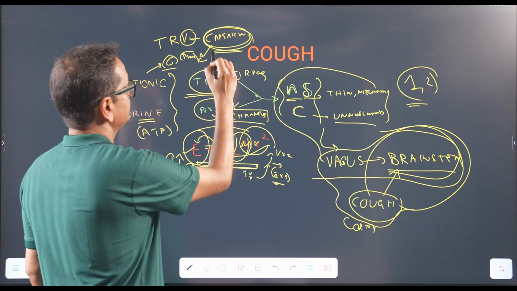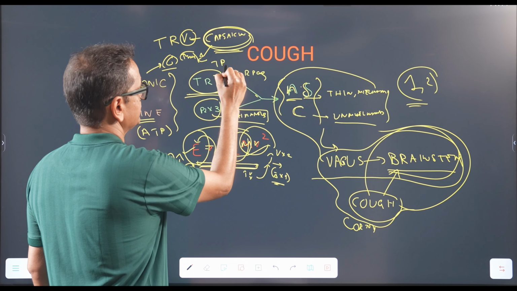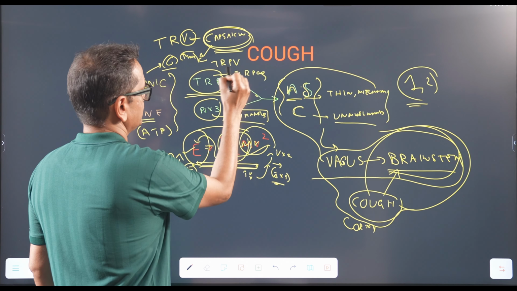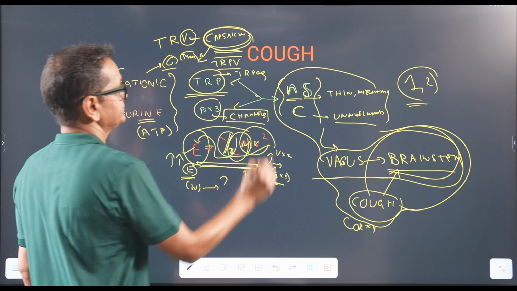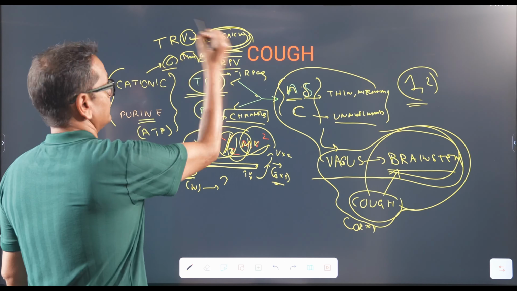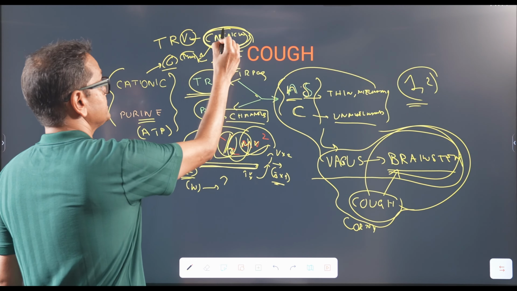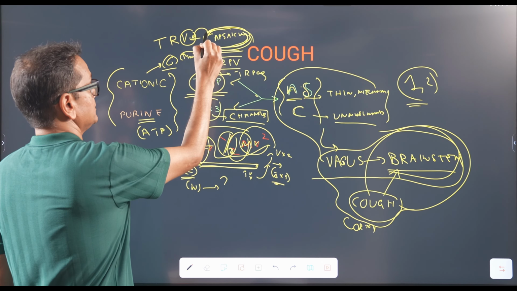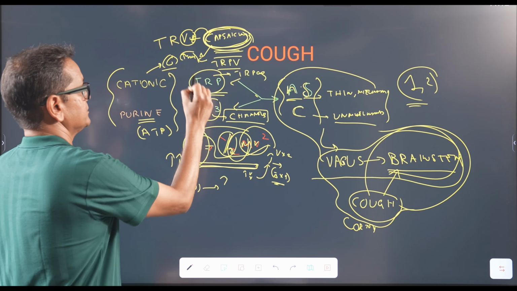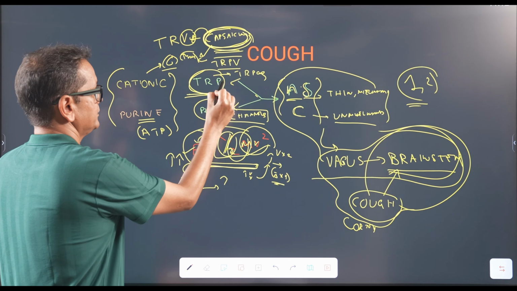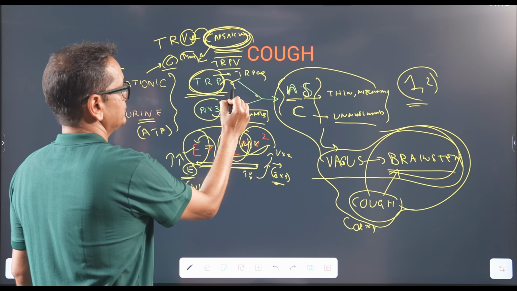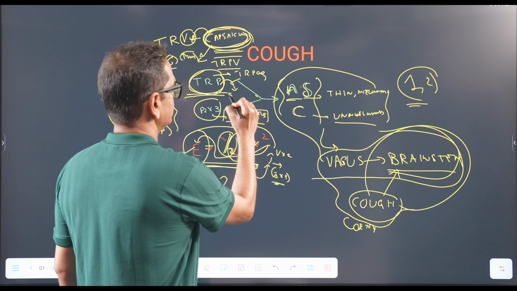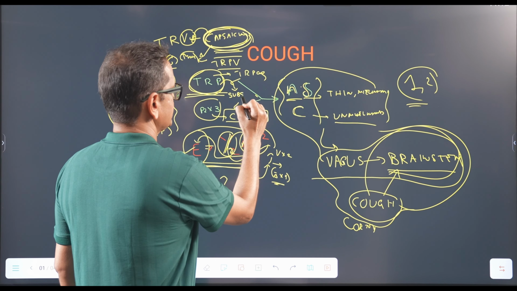So the full name is transient receptor potential vanilloid channels, TRPV. This vanilloid moiety is a part of the capsaicin molecule. When this compound binds to this channel, it is going to stimulate production of a substance known as substance P.